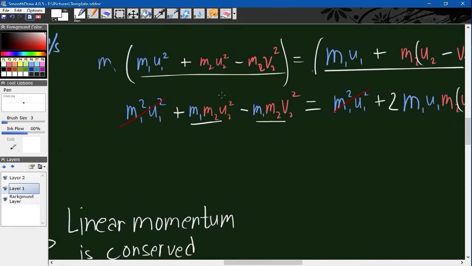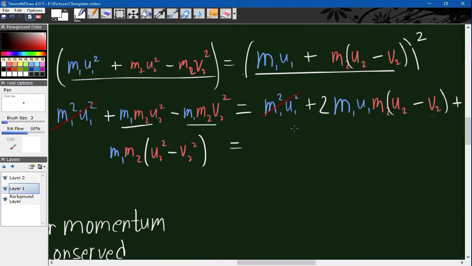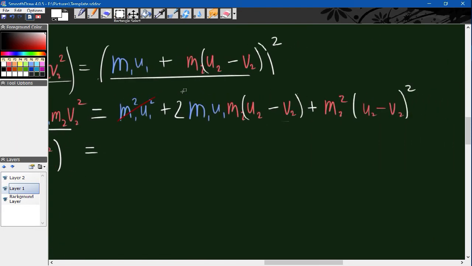So we could just hit them with this m1 m2 (u2 squared minus v2 squared). I hope that makes sense. We just factored out these. It's equal to, just copy this entire thing.